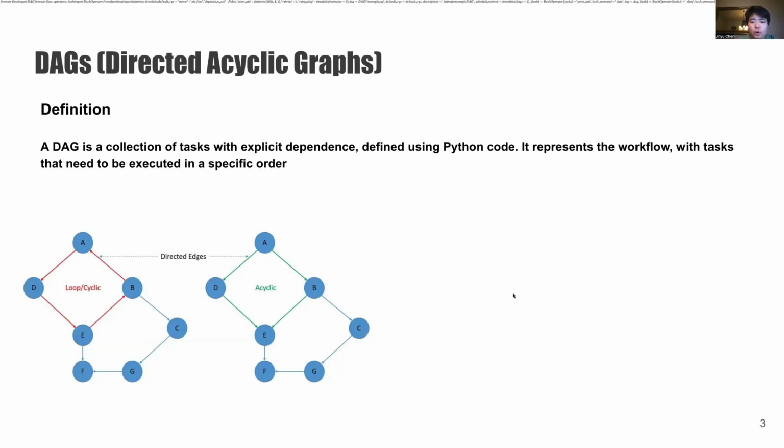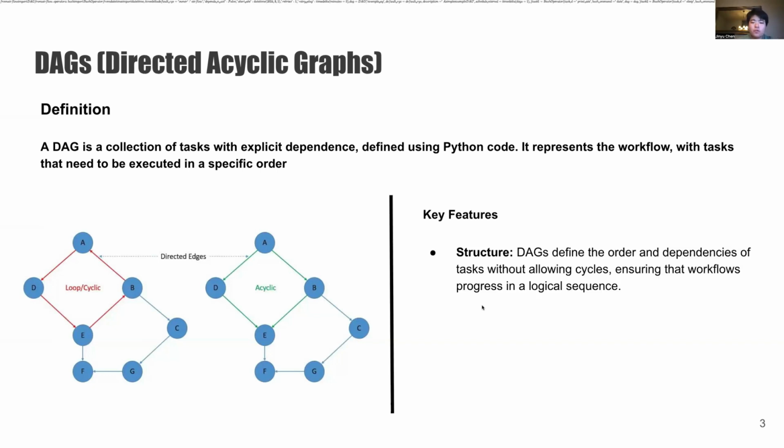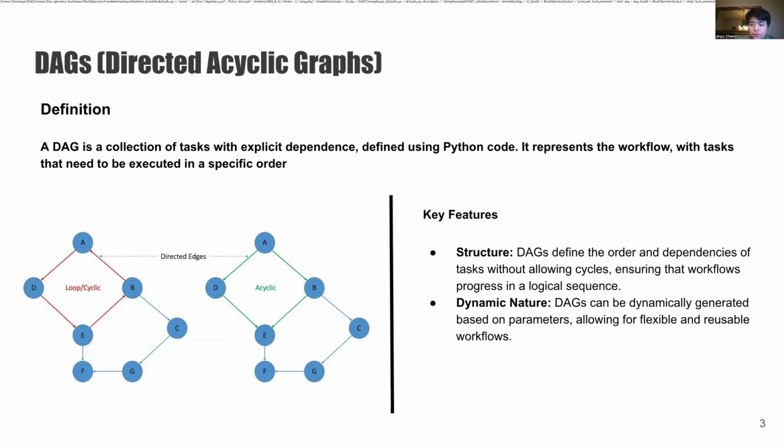What are the features of a DAG? First one, structure. DAGs define the order and dependencies of the tasks without allowing cycles. This ensures that workflows process in a logical sequence. Second, dynamic nature.